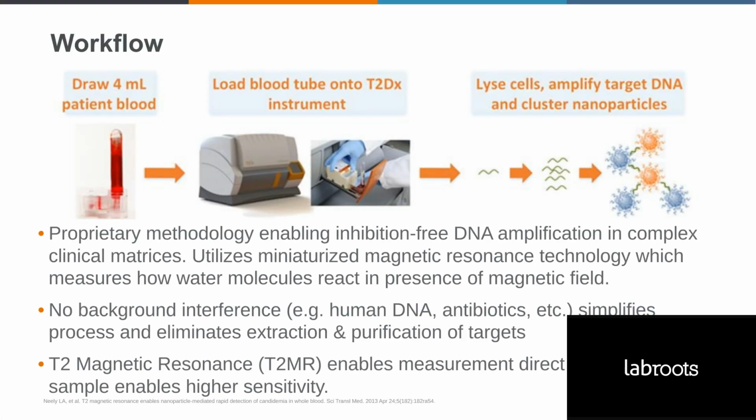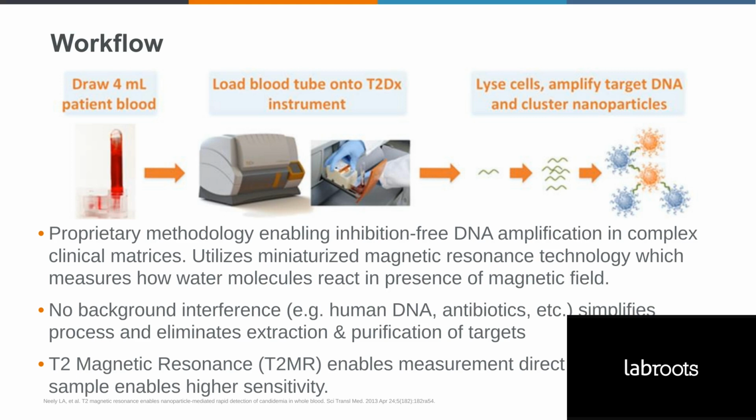The workflow of this test: you need basically 4 ml of the patient's blood, load it into the instrument, and within the instrument, the cells are lysed, the target DNA is amplified, and the nanoparticles are clustered. The clustering is detected as a change in T2 relaxation time of hydrogen nuclei in the sample.